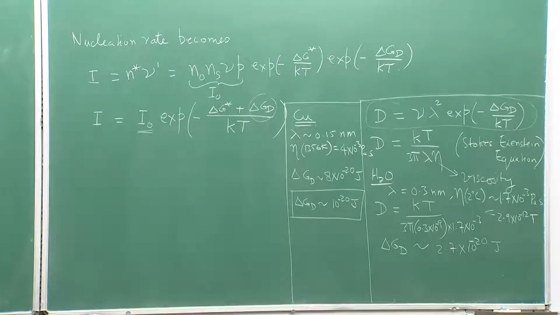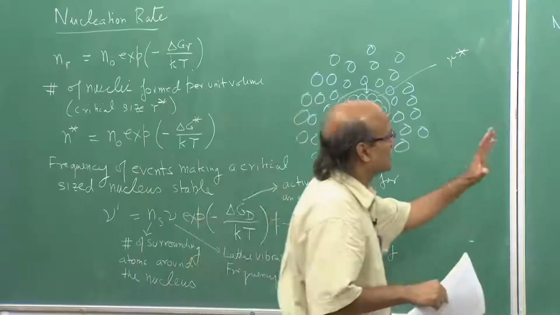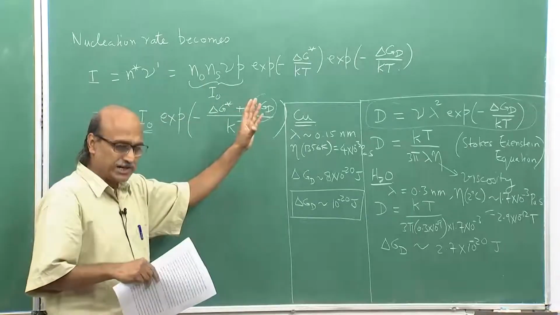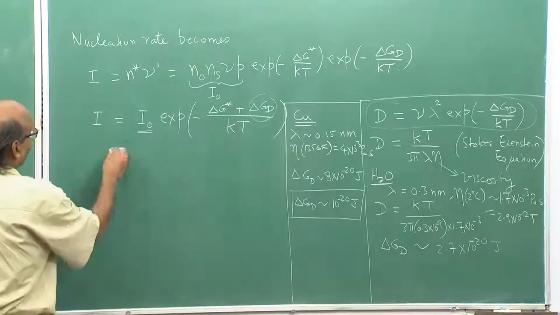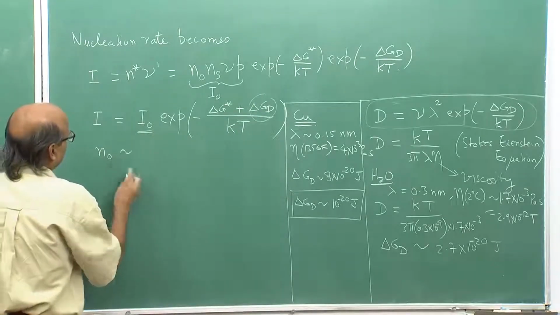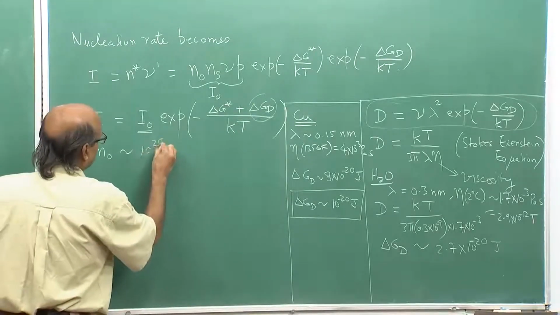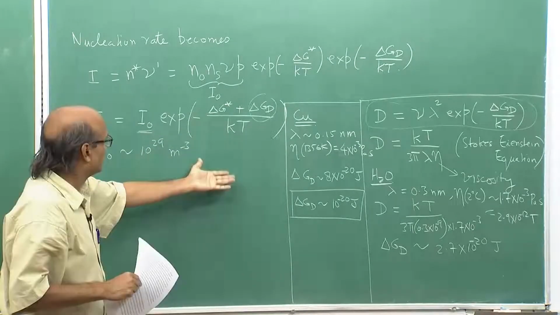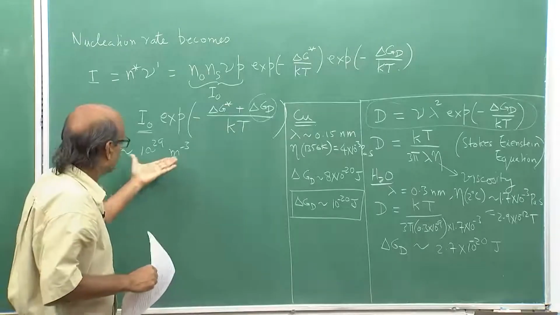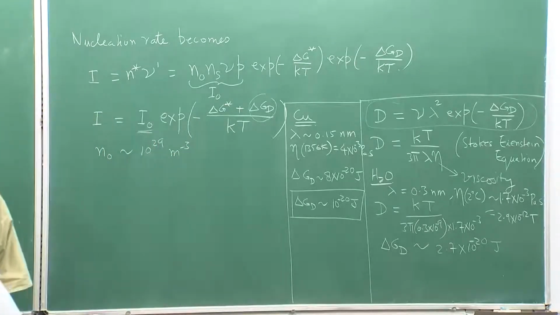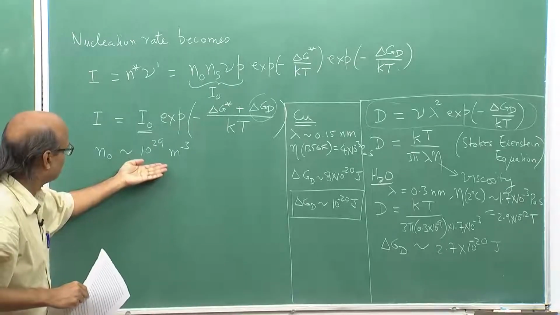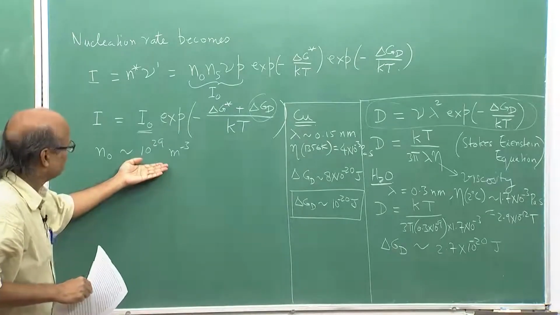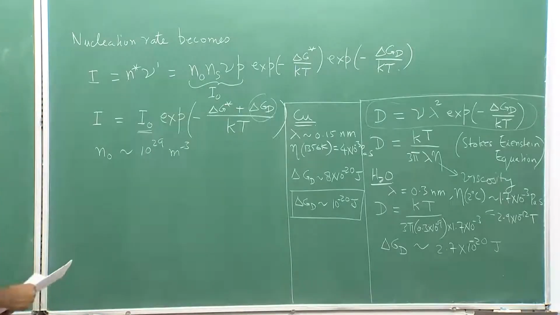in the previous lecture, N0 was of the order of 10 to power 28 or 10 to power 29. So, we can assume N0 to be of the order of 10 to power 29 per meter cube. In fact, if we calculate it for other metals as well, one would find a value very close to this. So, an order of magnitude estimate of 10 to power 29 is fairly okay.